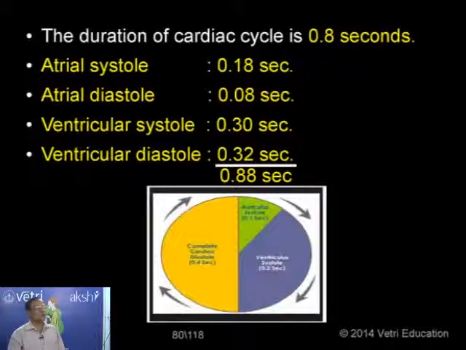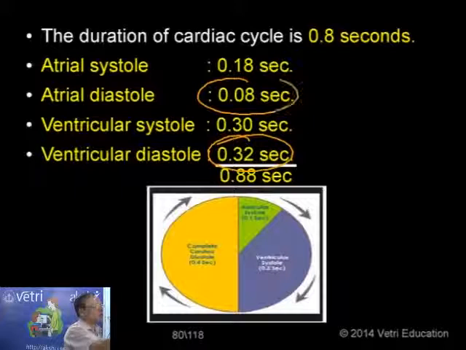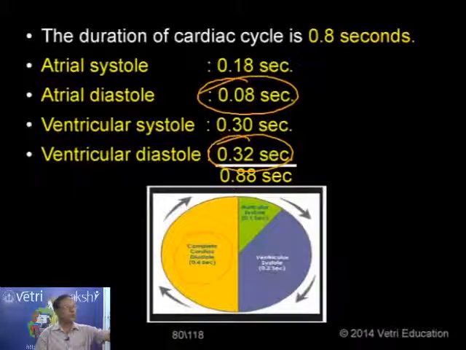Here, for complete diastole, I am taking 0.32 second and then 0.08 second. So in total we have 0.4 second for complete diastole. 0.32 plus 0.08 is equal to 0.4 second.